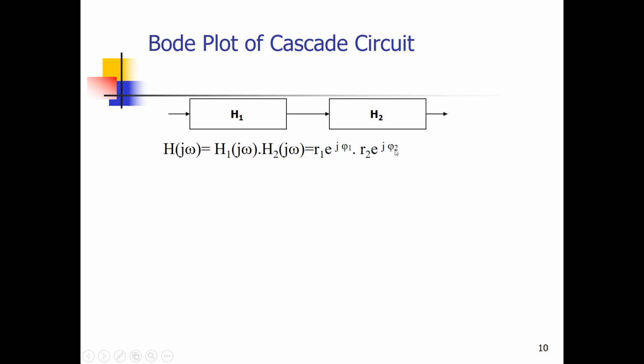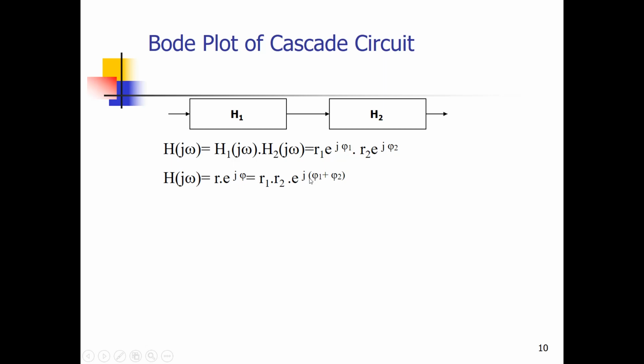Well, when we apply the rules of the mathematics of working with numbers with powers, we can say that the total system, which is the multiplication of H1 and H2, is equal to this expression times that expression, which gives us R1 times R2 times e to the power j times the sum of the phases phi1 and phi2.